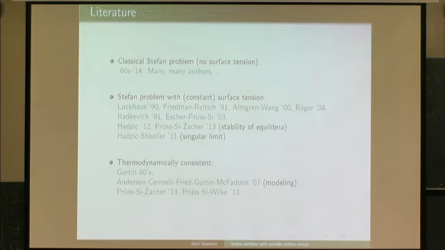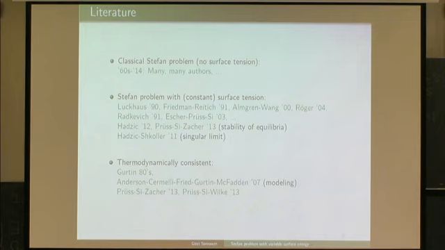So there is a huge literature, of course, for the classical Stefan problem, and many of you in the audience have contributed, so I will not write down names. So let's just look at, once you include surface tension, or if you want, mean curvature. So these are the results dealing with weak solutions. Global weak solutions, non-uniqueness, these are contributions towards local solutions, but classical solutions.